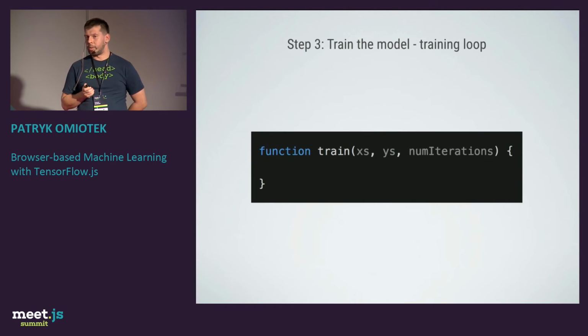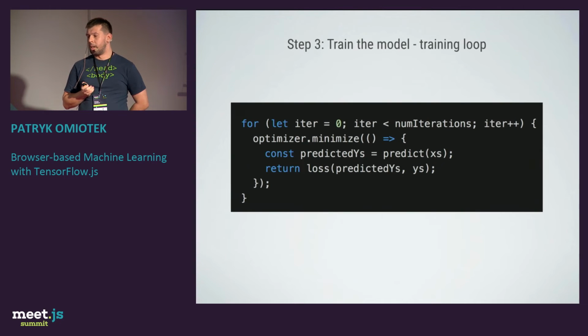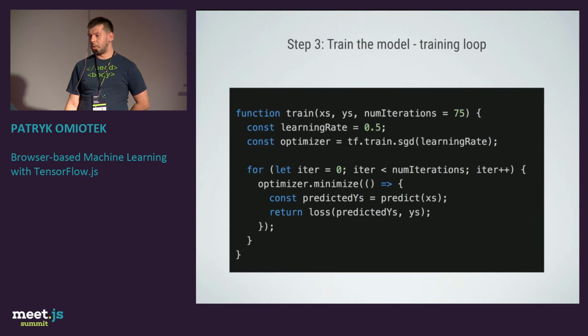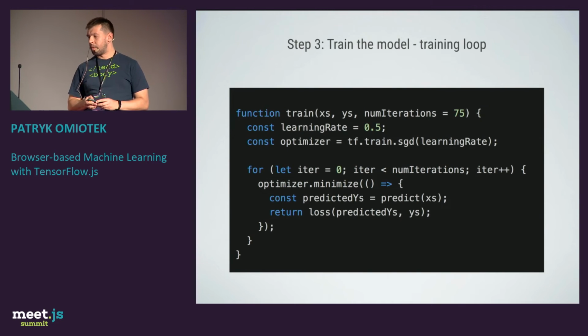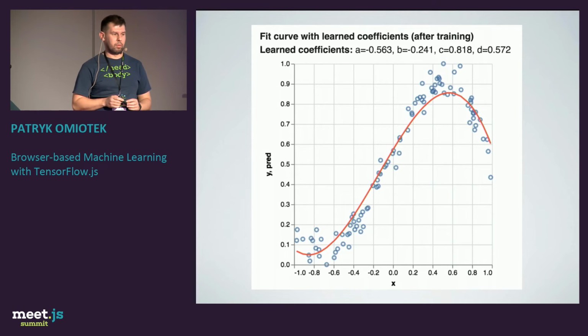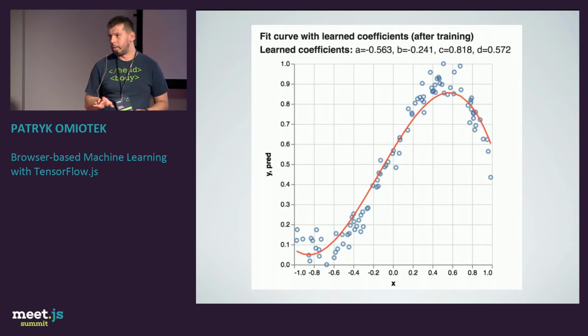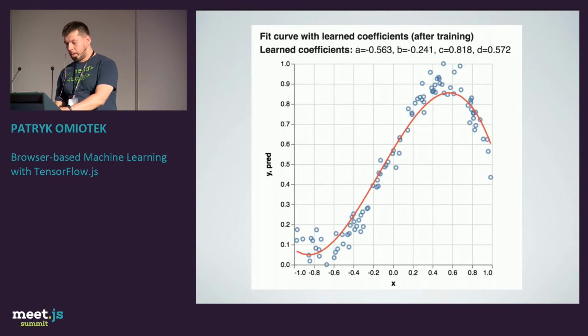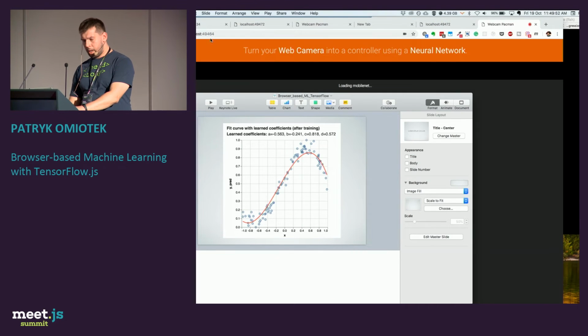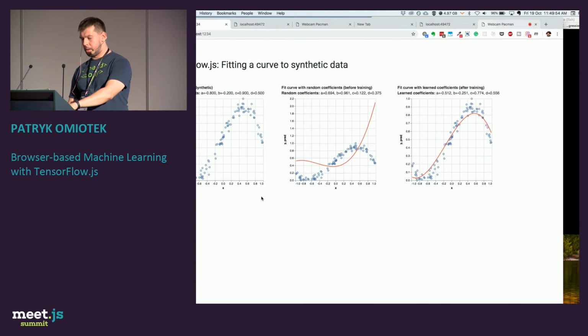So this is time to define the train function, the train loop. In some number of iterations, we minimize our loss, right? So here is the whole code. And after these 10 or 12 lines of code, we have predicted values of these coefficients, and it looks like this, right?